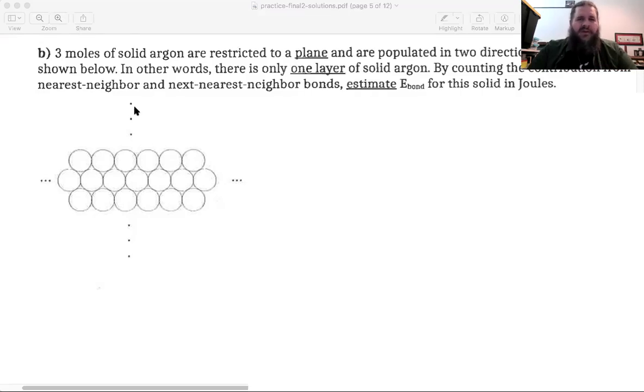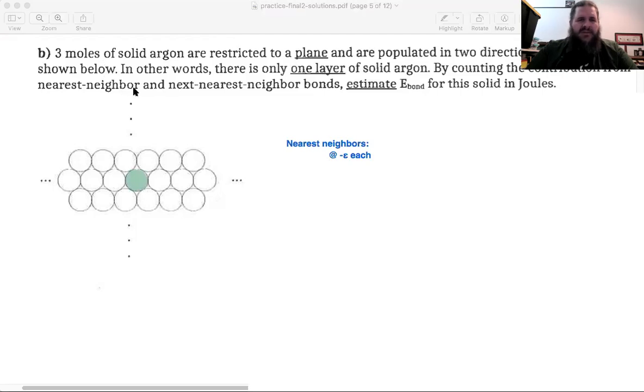So in this one, we're focusing on just nearest and second nearest. But we're looking at lots and lots of particles. So let's try this approach again. If we have the nearest neighbors, each one is going to be negative epsilon each. But instead of just having like 7 of them, we're going to have huge amounts of nearest neighbors. If we take a look at one single typical atom, let's say we're focusing on this one.